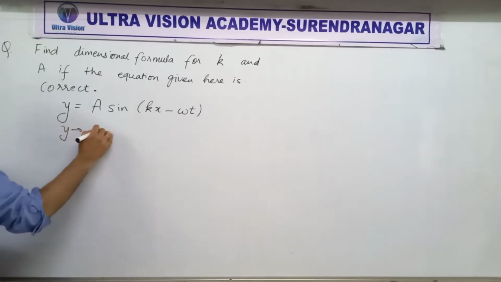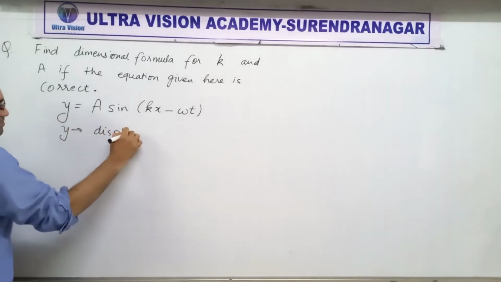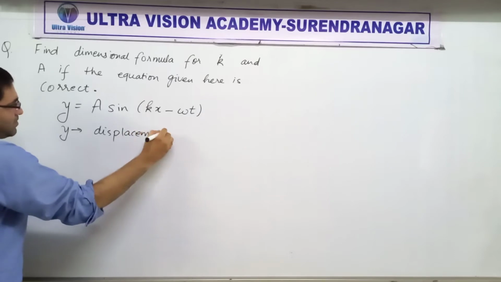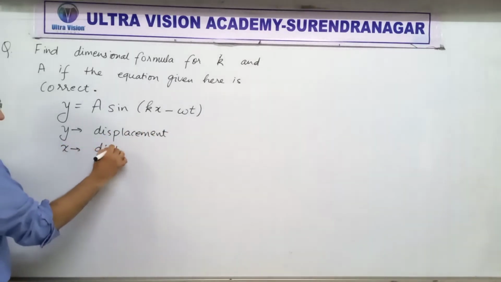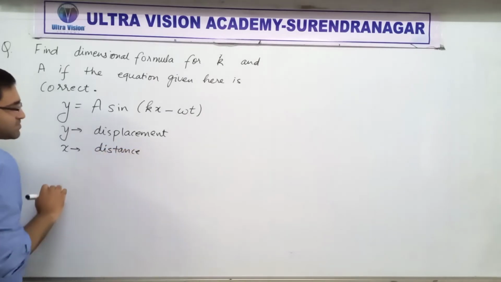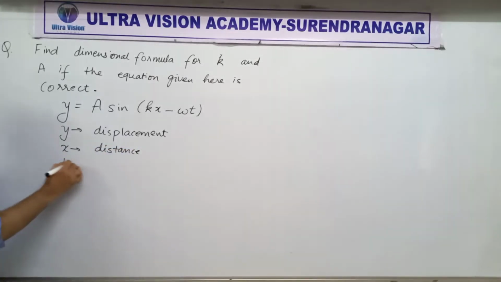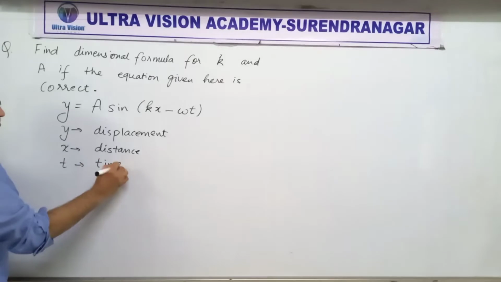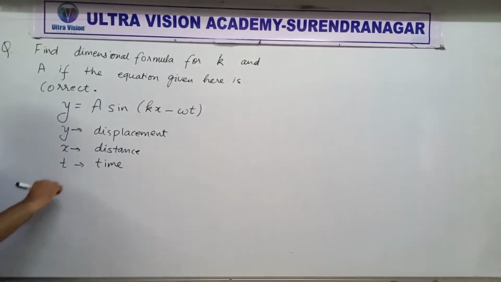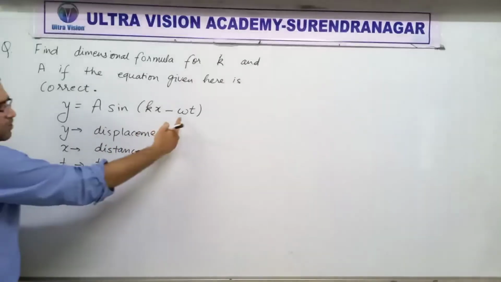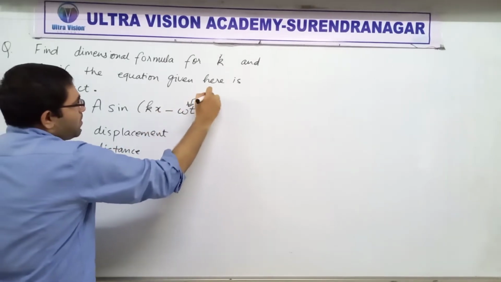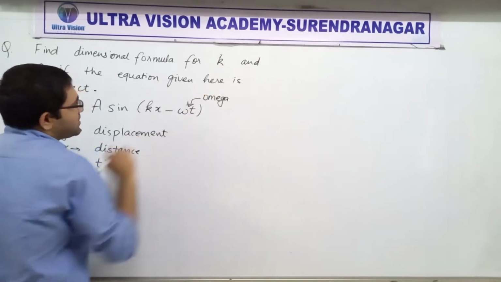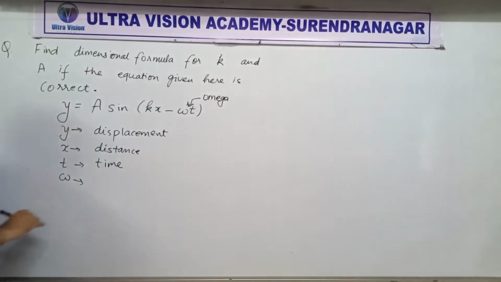So y is a displacement, x stands for distance or x coordinate, t stands for time, and this symbol is called omega.